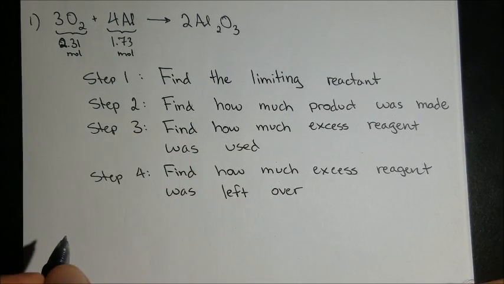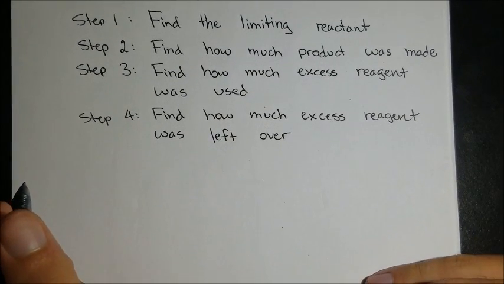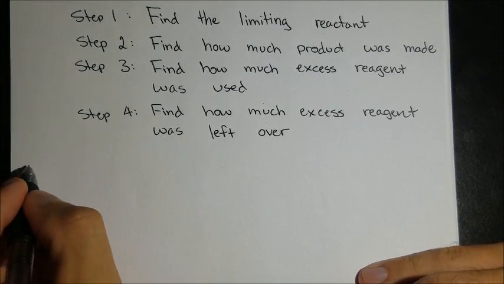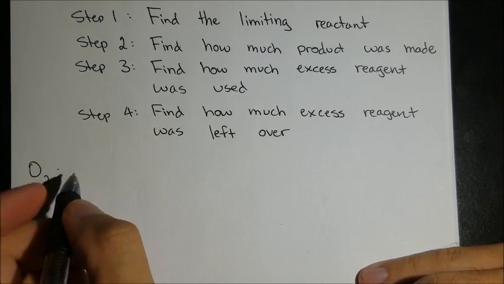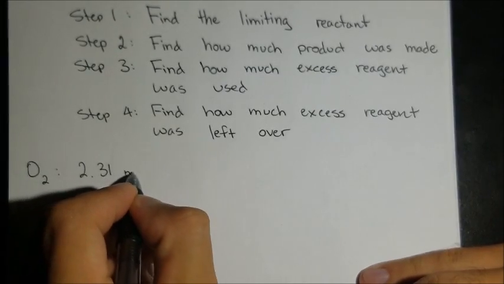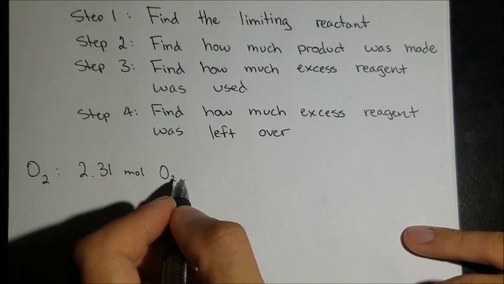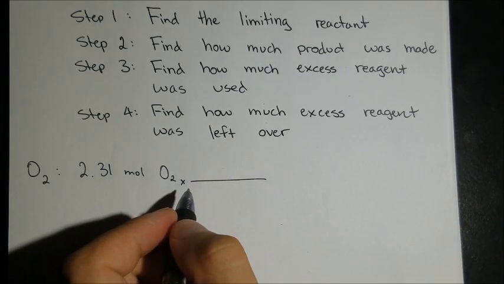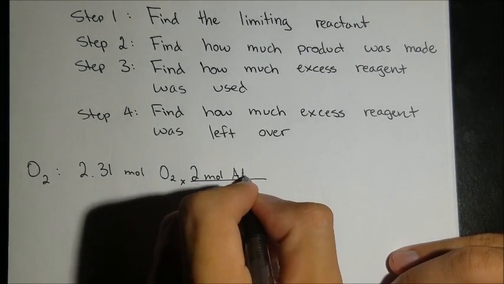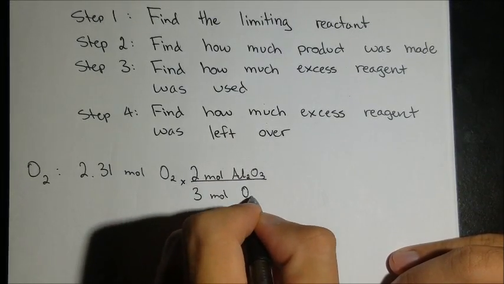First of all, let's find what the limiting reactant is. So we're going to do this just like we've always done it in the past. I'm going to move this up a little bit, but you'll be able to tell what I'm doing here. So let's look at our oxygen. For oxygen, we had from the problem 2.31 moles of oxygen, and from the balanced chemical equation we made 2 moles of aluminum oxide and consumed 3 moles of oxygen.